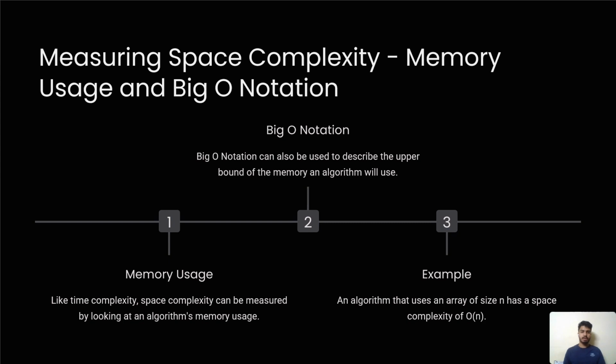Big O notation can also be used to describe the upper bound of the memory an algorithm will use. Like time complexity, space complexity can be measured by looking at an algorithm's memory usage. An algorithm that uses an array of size n has a space complexity of O of n.